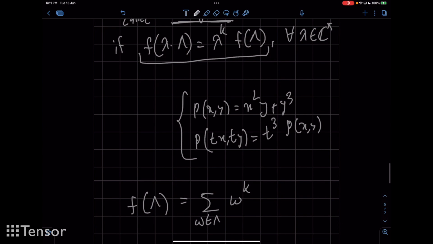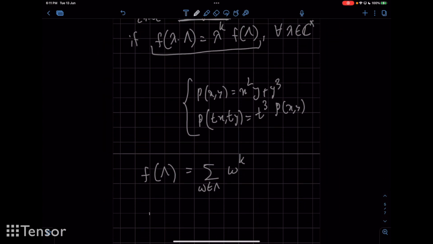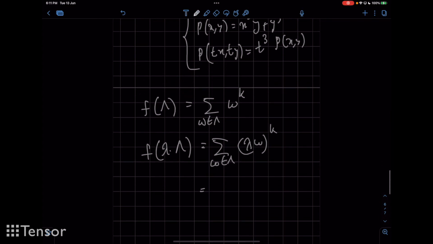If I define it like this, then this property is satisfied, because f of a constant times lambda is the sum over omega in lambda of omega to the power k, and lambda to the power k comes in front.